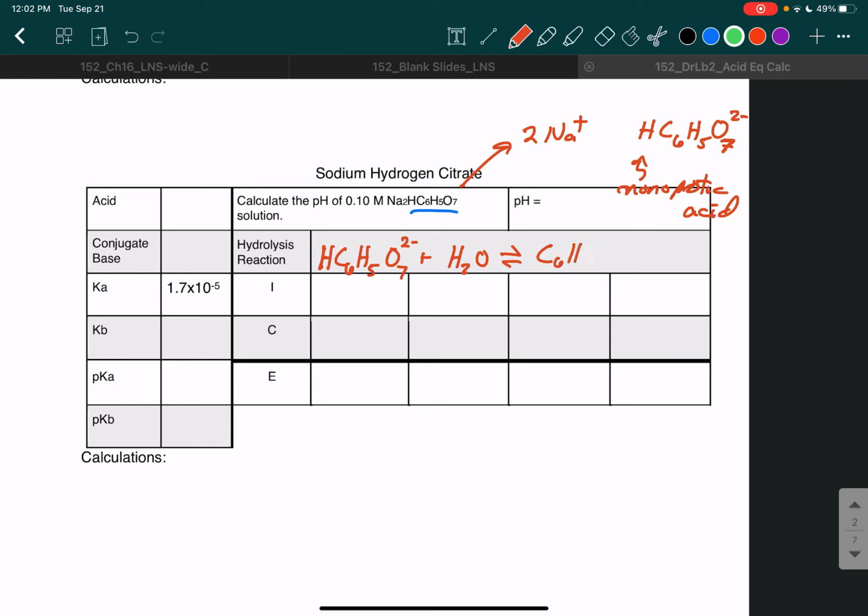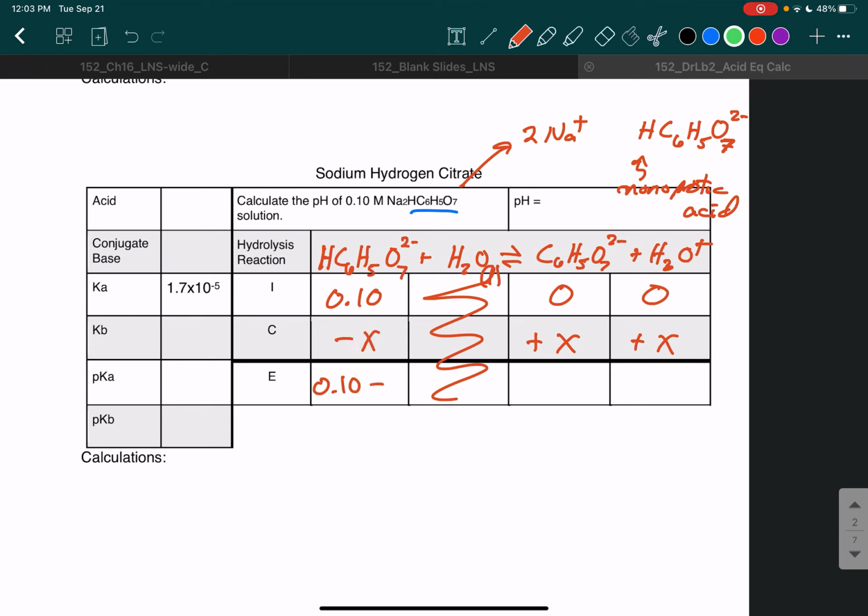And C6H5O7 with a 3- charge plus hydronium. You don't need the liquid water in the expression because it's not involved in the reaction. Or, sorry, it's a pure liquid that's omitted from the expression. Positive X, minus X. Will it have a -3 charge?